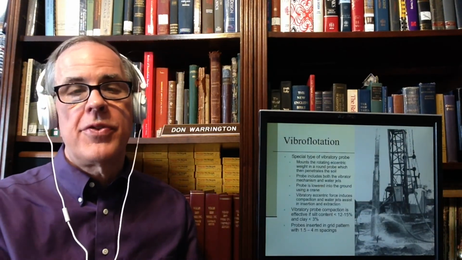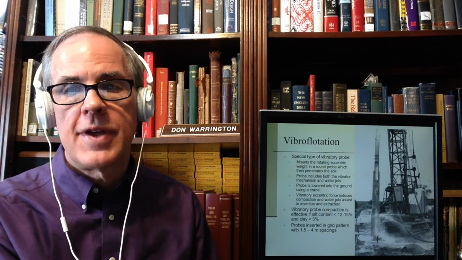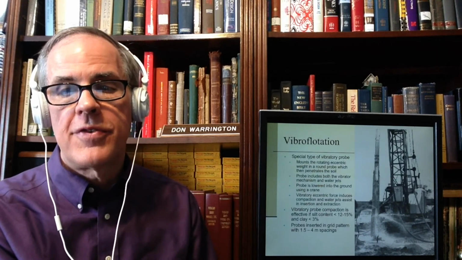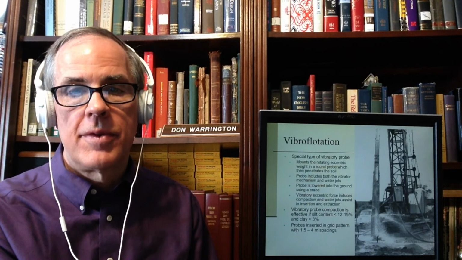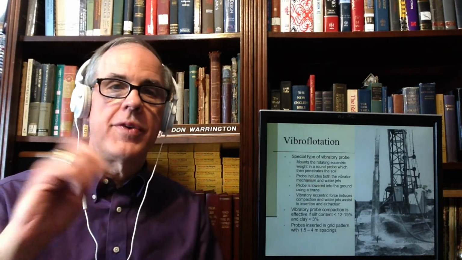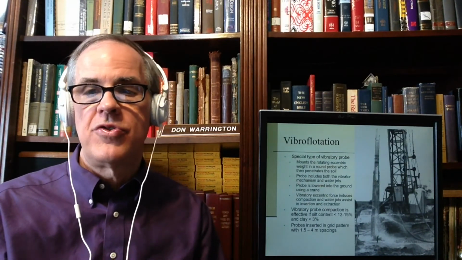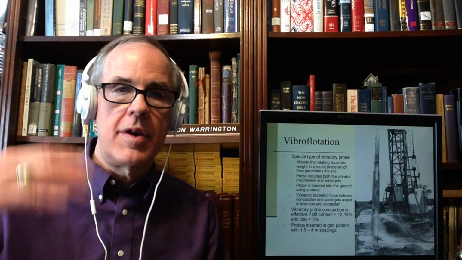Vibroflotation. Now, we've gone through the verification. Let's look at some other types of compaction. Vibroflotation uses a special type of probe, and it's for deeper compaction. There's an eccentric weight that rotates around like this and creates a force like that. Usually they're jetted into the ground with water, and they can be done in a grid pattern.